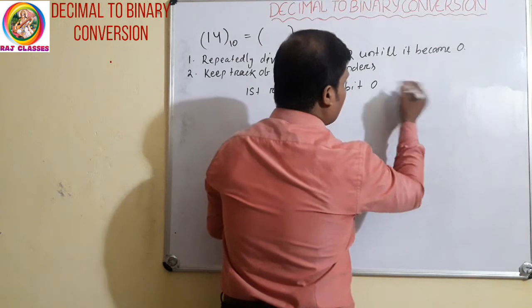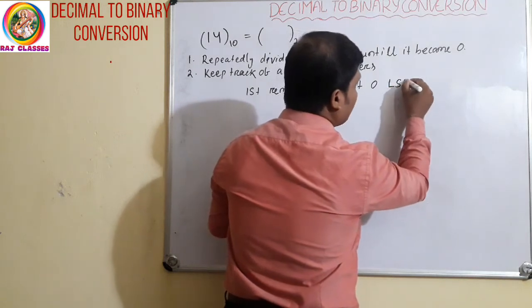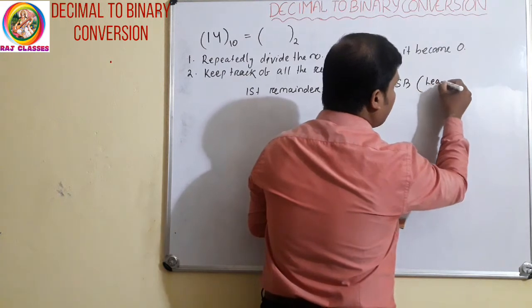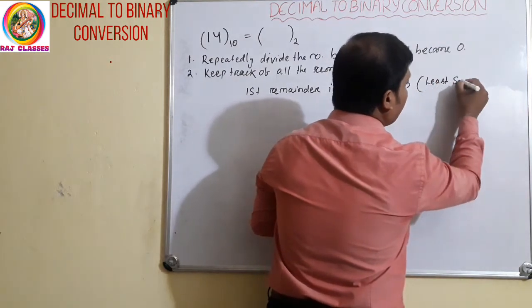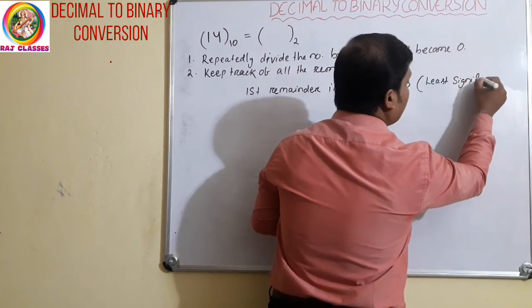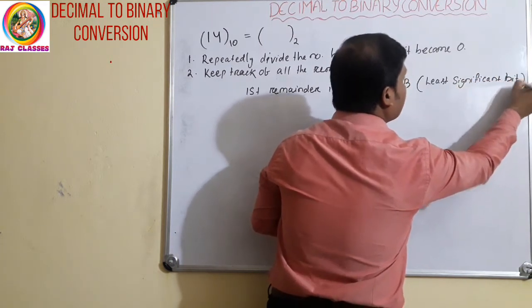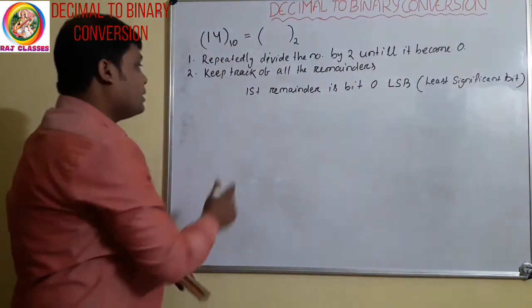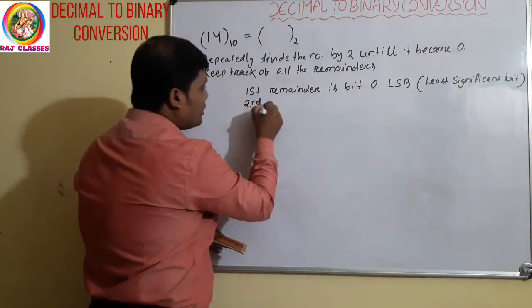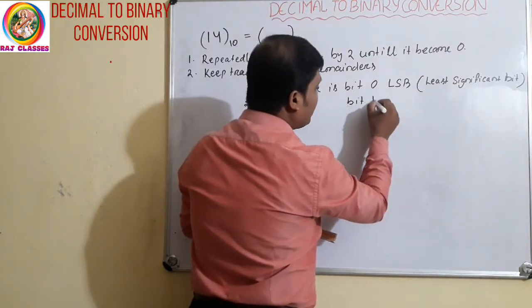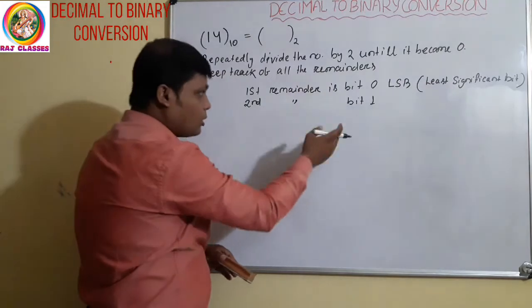You can call it LSB. LSB stands for least significant bit. Then the second remainder is bit 1, and so on.